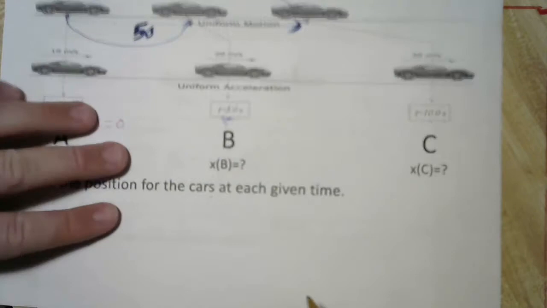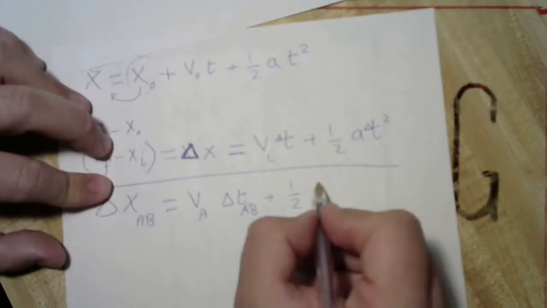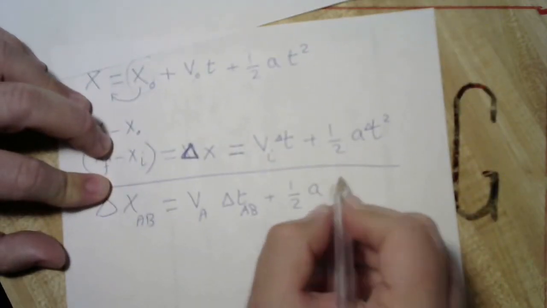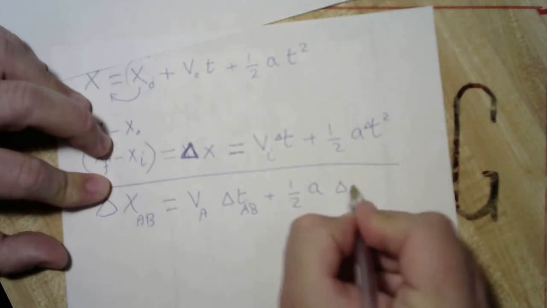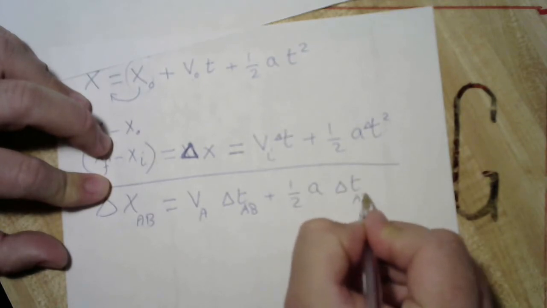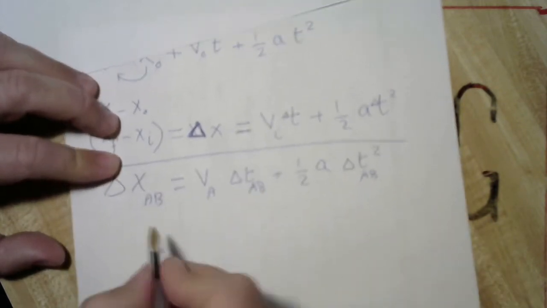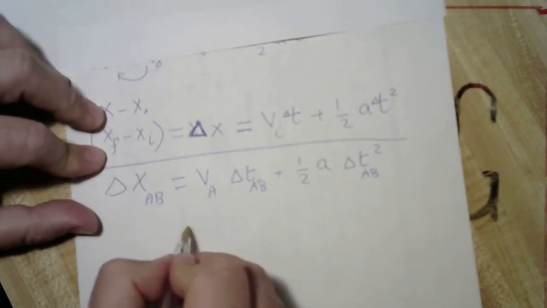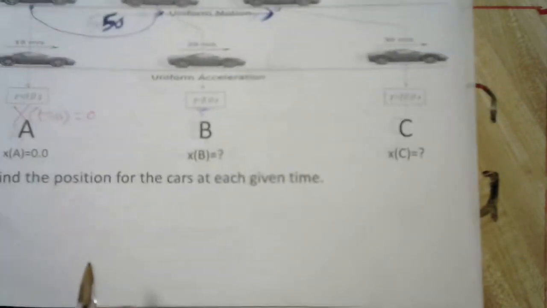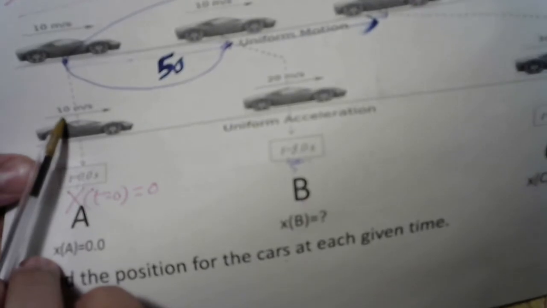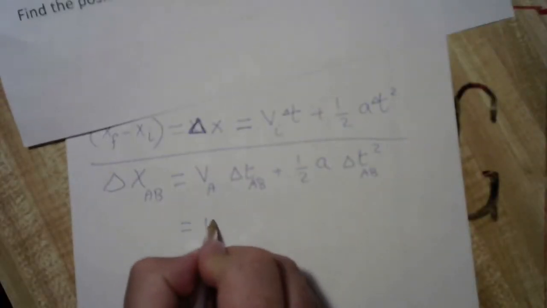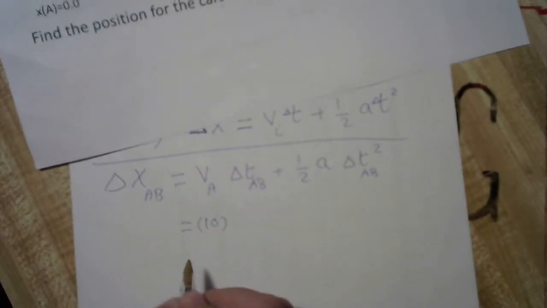It is 2, multiplied by delta t from A to B squared. If you remember, v at A for the second car is 10 meters per second.